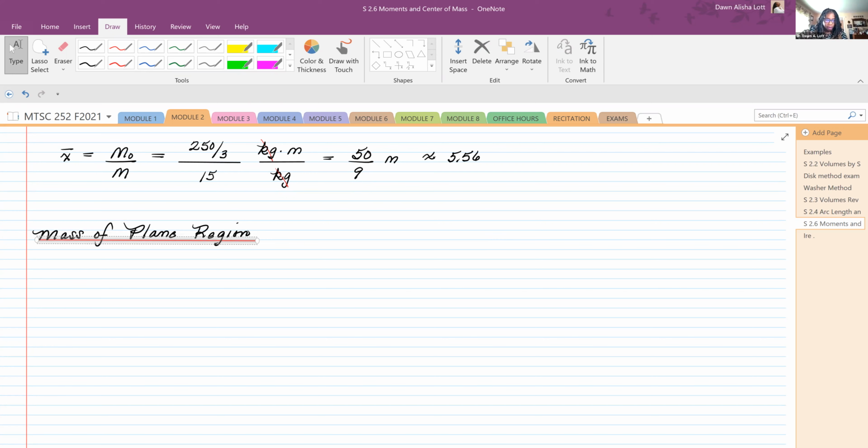I still need to compute the center of mass, but the center of mass of a plane region now has an X location and a Y location.